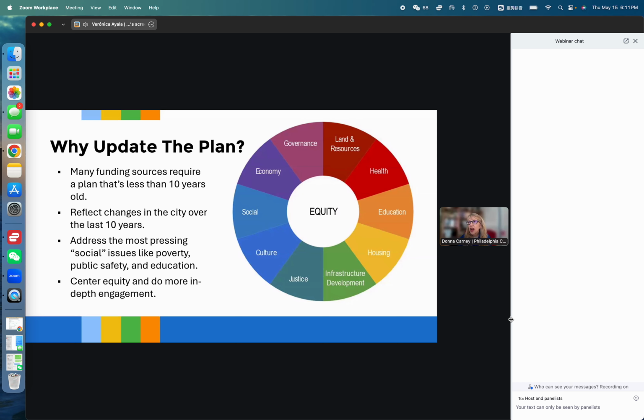When stakeholders go after project funding, they can point to specific recommendations or policies in the plan that support that project. And importantly, we are centering equity in the planning process, and we'll be doing more in-depth engagement. The community partner model is one important part of that bigger engagement strategy. And with that, I'm going to turn it over to Veronica to share a little bit about the plan update process.